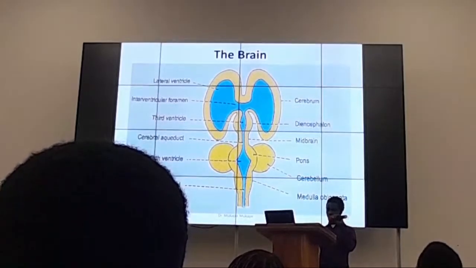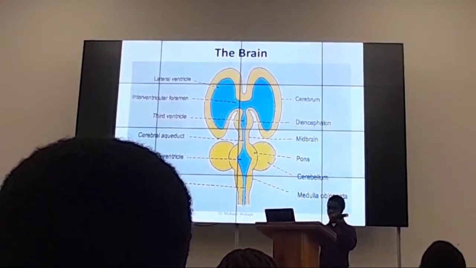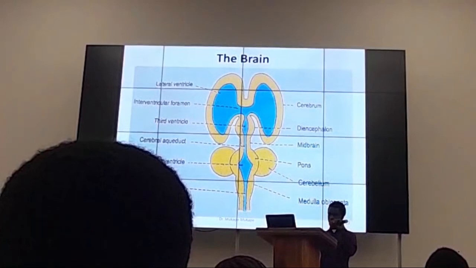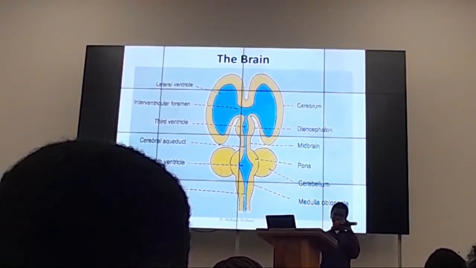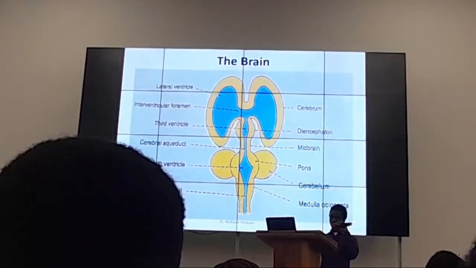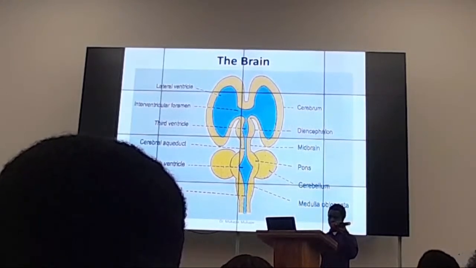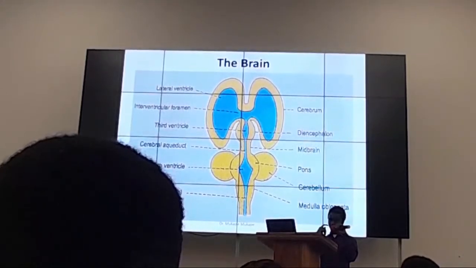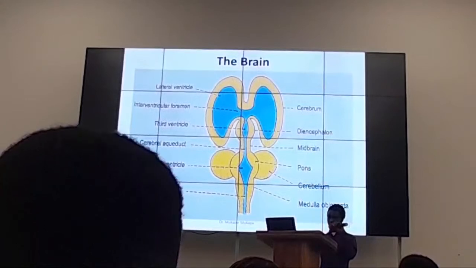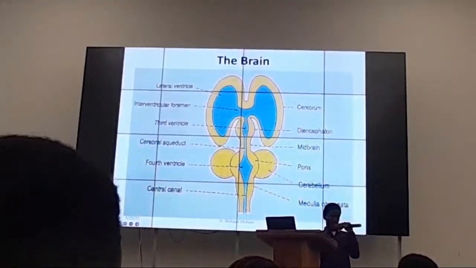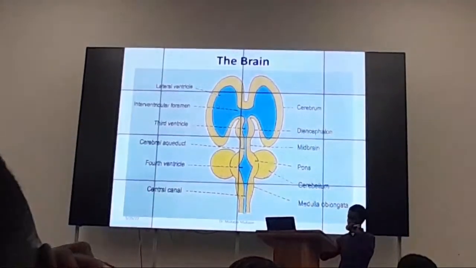The majority of the CSF comes from these big ones, the lateral ventricles. Of course, the third and the fourth also produce CSF, but most of it comes from the lateral ventricles because they are bigger compared to the others.